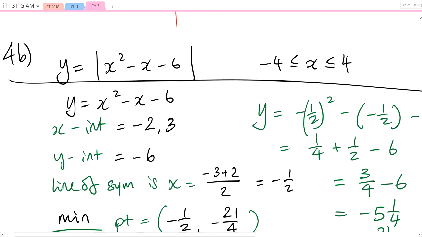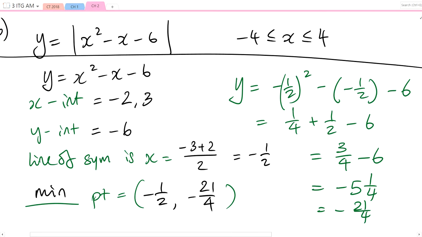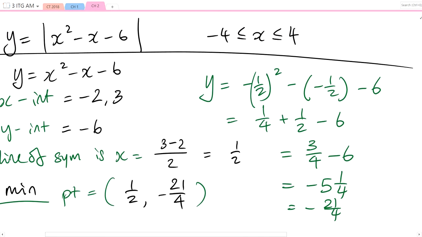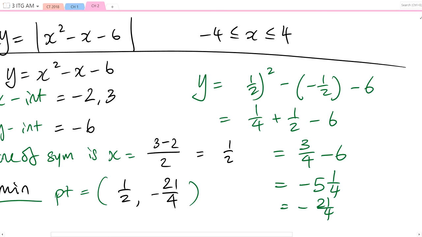Is this okay now? Is this okay now? Seriously, how can this happen? 1/4 minus half minus 6.